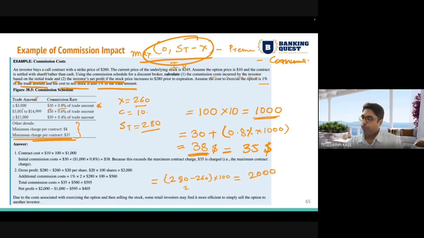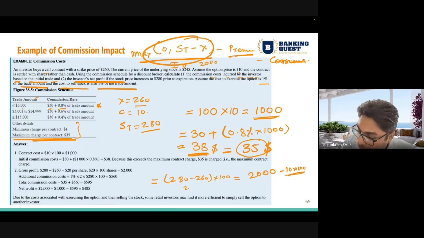Now this value came out to be 2000. How much is the premium which I have paid? Premium is 10 rupees. So minus 10 into 100. That's the premium which I have paid. How much is the commission? Now, commission is, we know, 35 rupees. But we are settling it with the shares.